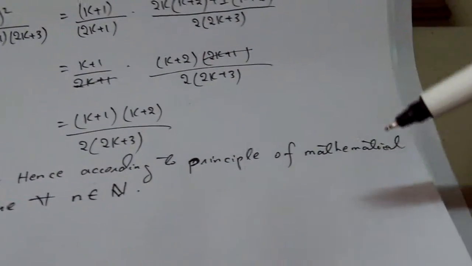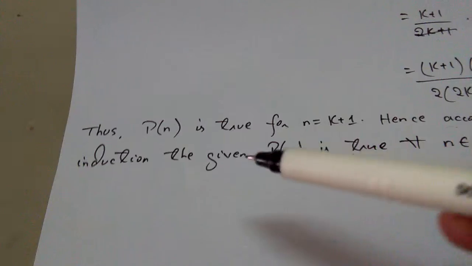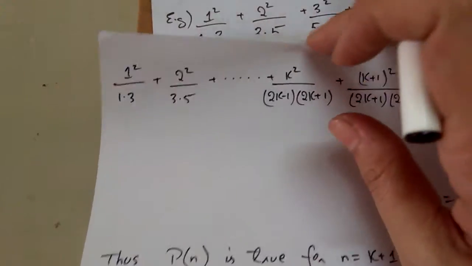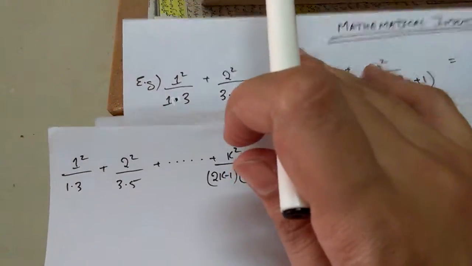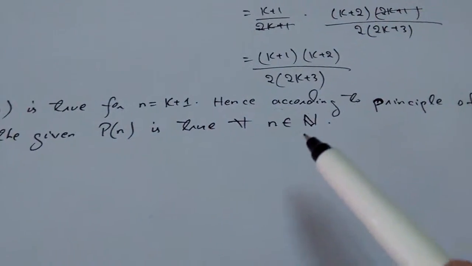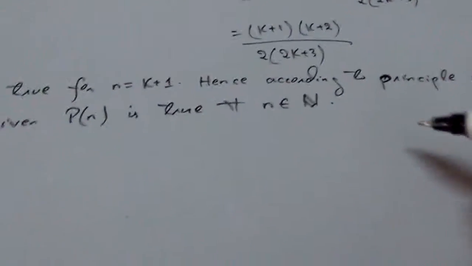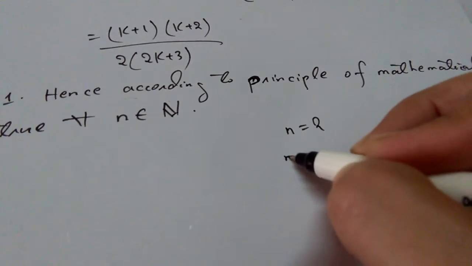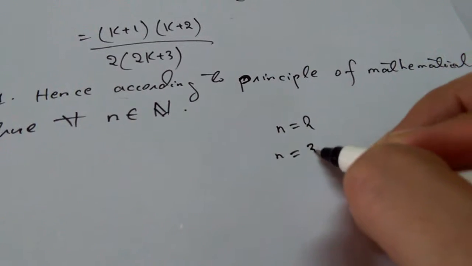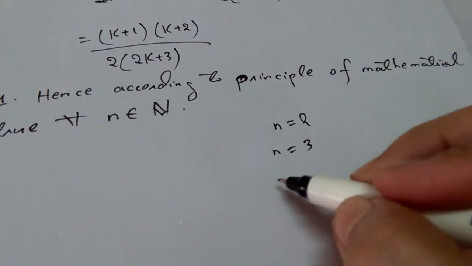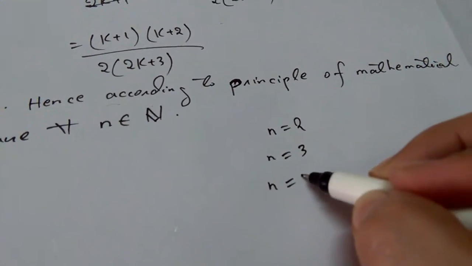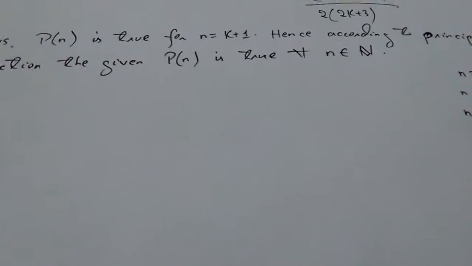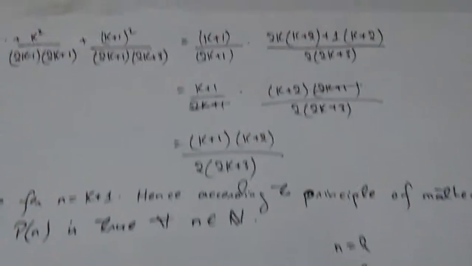So according to the principle of mathematical induction, the given P of n is true for all n belonging to the natural numbers. If it is true for 2, then it is true for 2 plus 1, that is 3. And if it is true for 3, then it is true for 3 plus 1, 4, and so on. It carries to all infinite natural numbers.